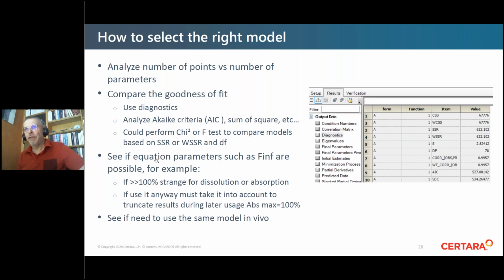So you can see I have a lot of tools that I can use here. But I also have to look at the equations. If I want to model a dissolution and my F infinity, that means the quantity dissolved at infinity, or the quantity absorbed, if I want to model my in vivo absorption curve, is greater than 100%, I must have a huge warning here.